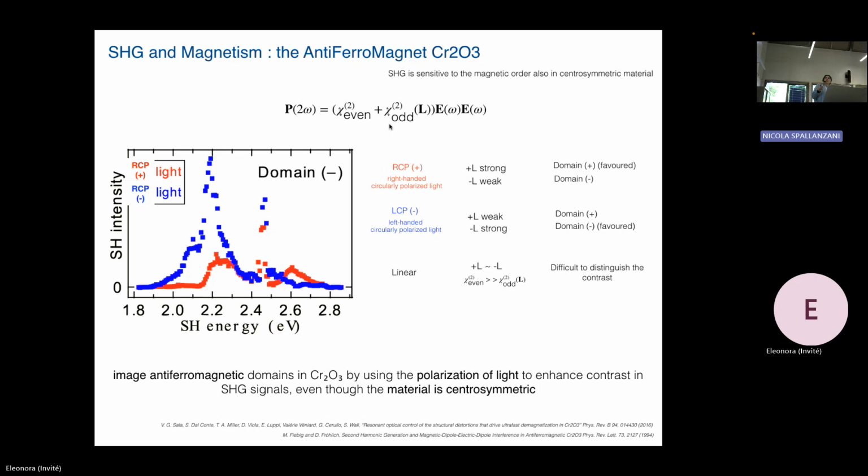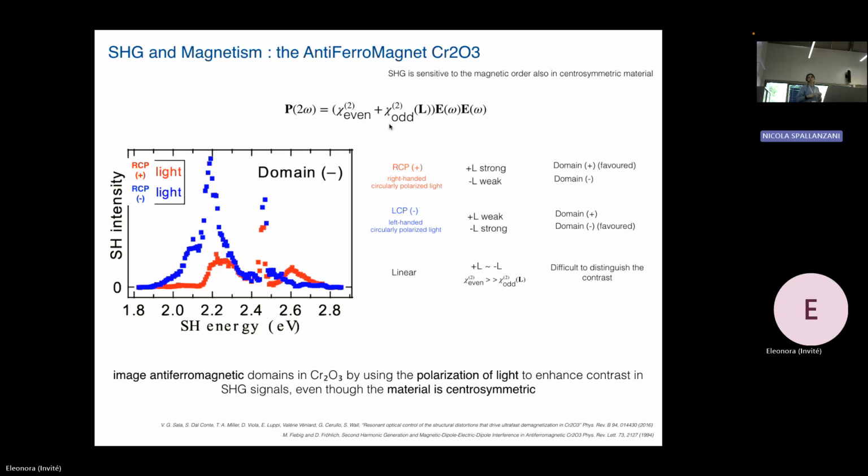And you see that in one case, you have the domain minus. You have the left-handed, so the blue, the signal is much stronger than the red. So just to have the qualitative idea. Which means that there is a second-order generation.